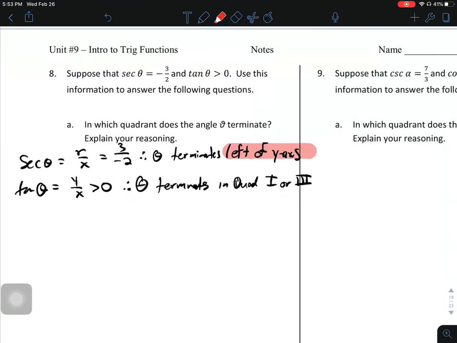So what's left of the y-axis? Quadrant 3. Therefore, theta terminates in quadrant 3.